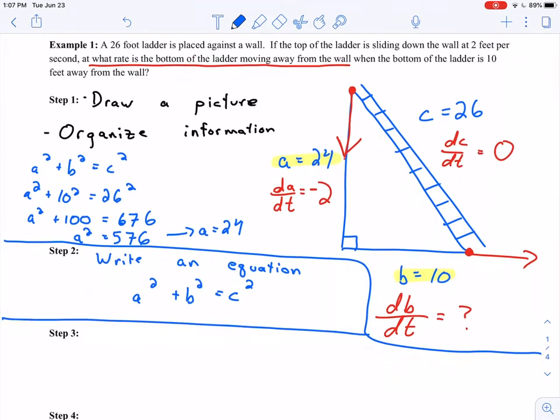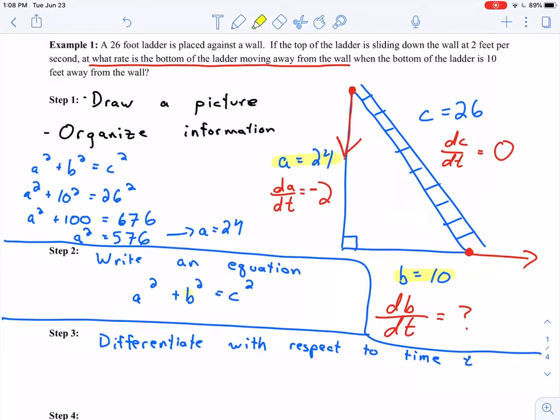Step 3, we want to differentiate with respect to time t.